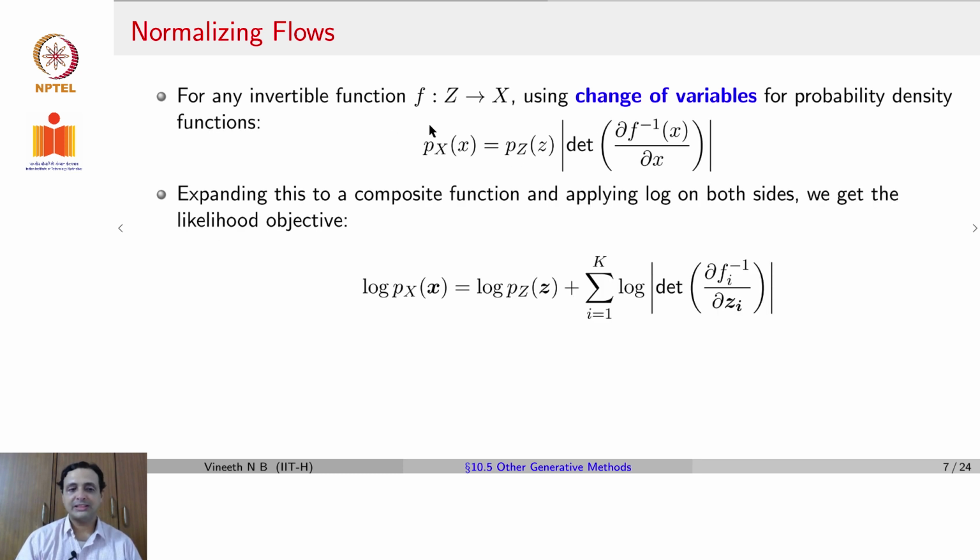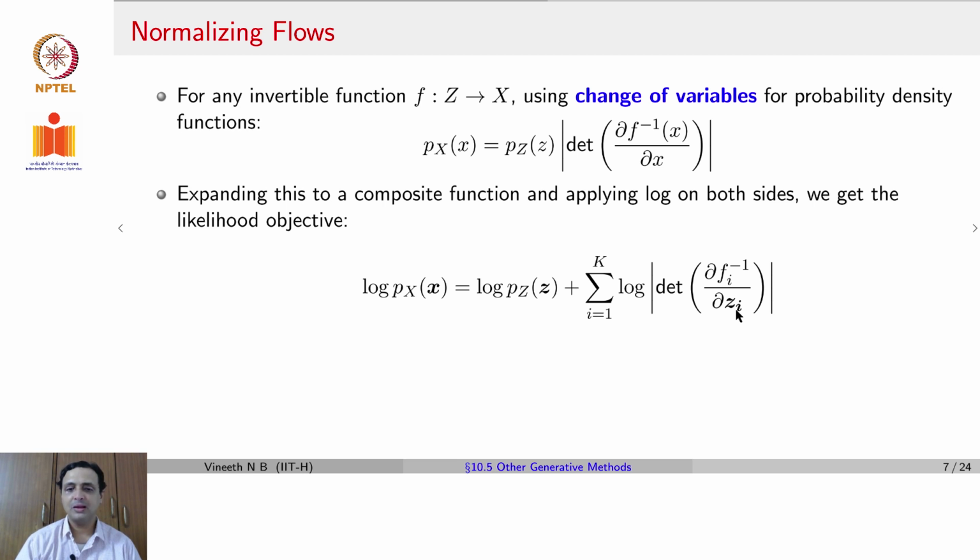If we took the same expression here and expanded it and applied log on both sides, we would then get log p(x), which is the log likelihood of the density that we are looking for, p_x(x), would now become the log likelihood of z plus the summation going from i equals 1 to k of log determinant of ∂f_i⁻¹/∂z_i.